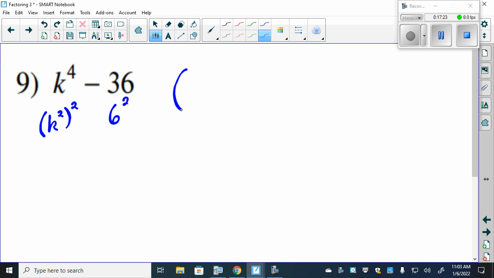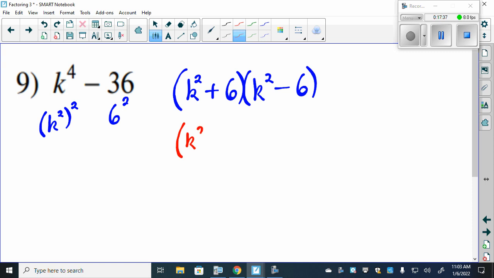So this here would factor down to k squared plus 6 times k squared minus 6. We could have said k squared minus 6 times k squared plus 6.